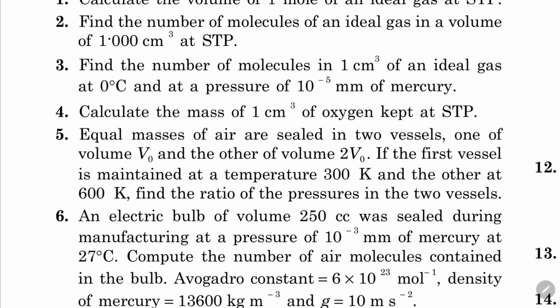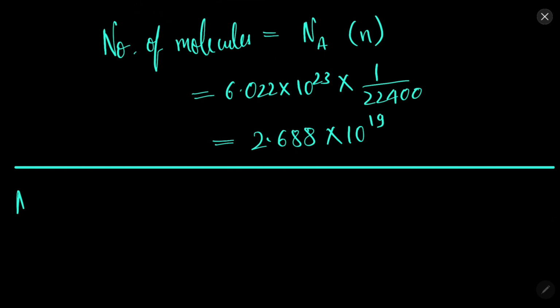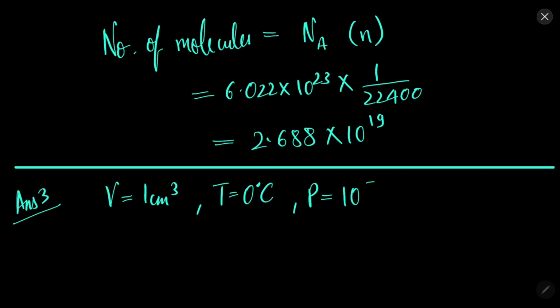Now we need to find the number of molecules in 1 centimeter cube of ideal gas at 0 degrees Celsius and at pressure of 10 to the power minus 5 millimeter of mercury. Third one. So volume 1 centimeter cube, temperature 0 degrees Celsius, pressure 10 to the power minus 5 mm of Hg.